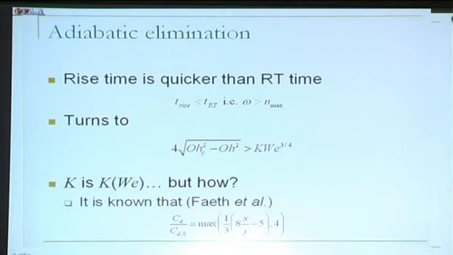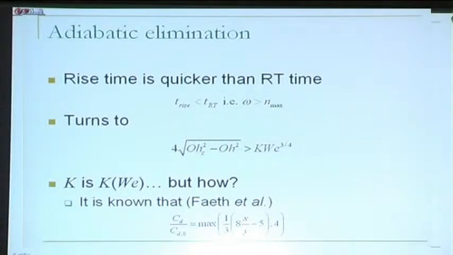This is this condition, which turns to this condition between the growth rates. And since the Rayleigh time is the same, you can simplify, and you obtain this final relationship, which gives you the area where you will have deformation quicker than Rayleigh-Taylor growth.